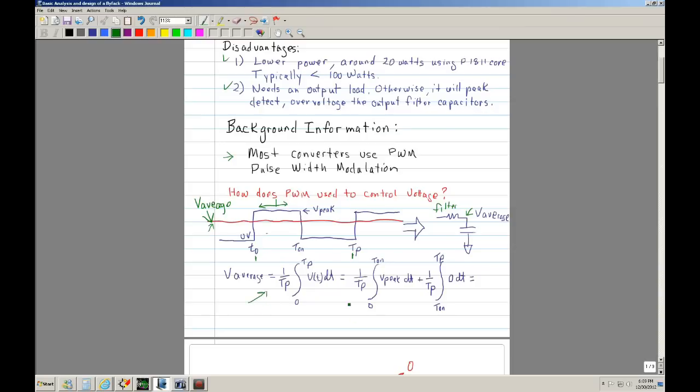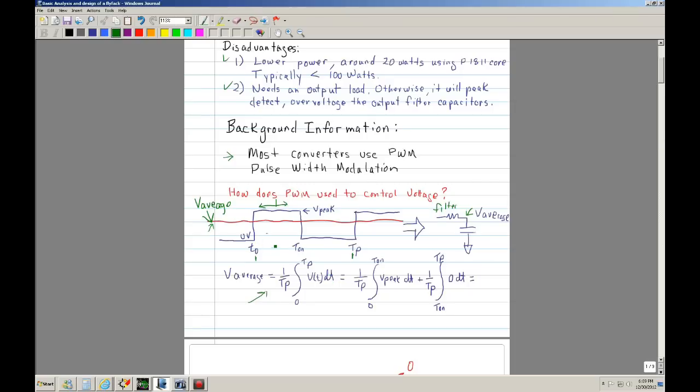When you average this waveform, which is the blue one, the mathematical formula is 1 divided by the time period times the integral from 0 to Tp. In other words, from T0, or 0, all the way to Tp.